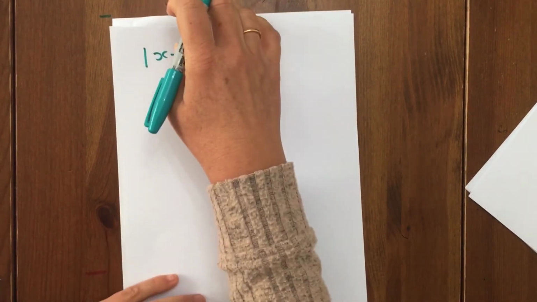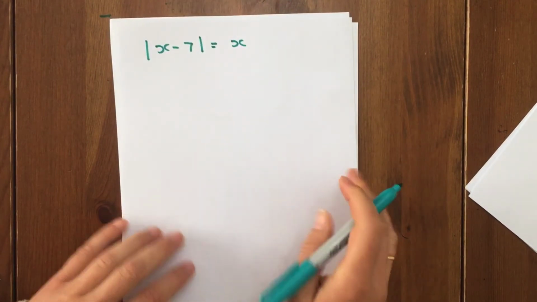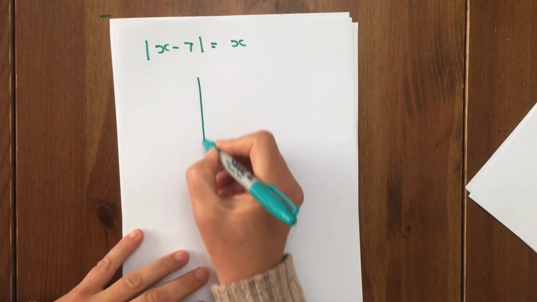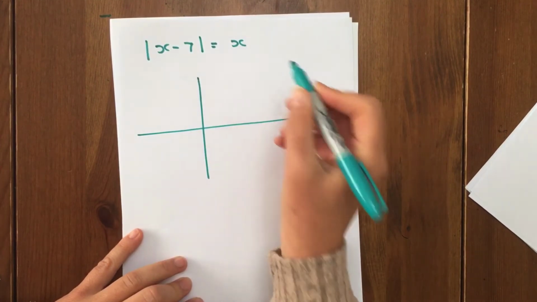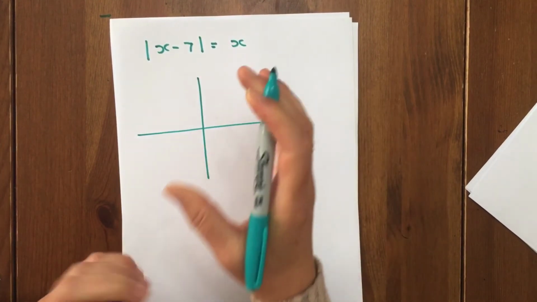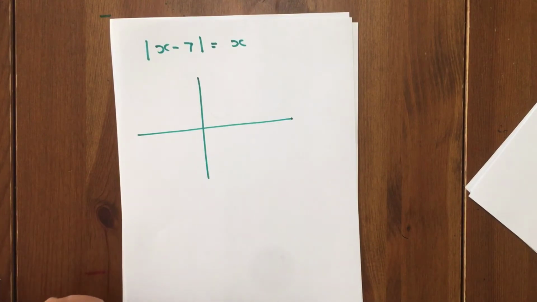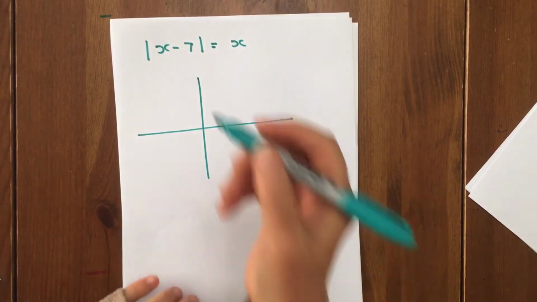And we did this last lesson. So the method to do this is I need to sketch my modulus function, and I need to sketch my line graph and look at how many intersections I've got, and therefore I can see how many answers I've got.